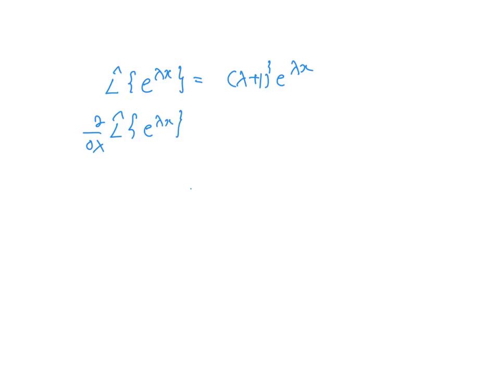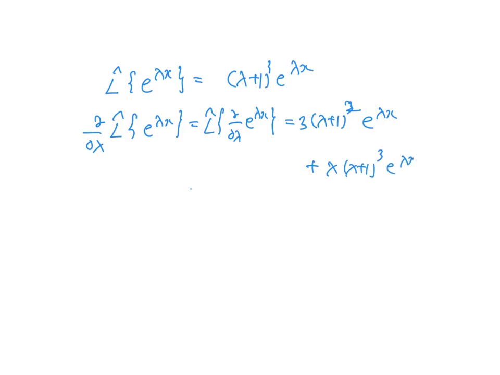So let's say L applied to exponential lambda x is lambda plus 1 cubed exponential lambda x, right? So if we differentiate, partial lambda of L applied to exponential lambda x is 3 times lambda plus 1 squared exponential lambda x plus lambda plus 1 cubed x exponential lambda x. We can differentiate both sides again.